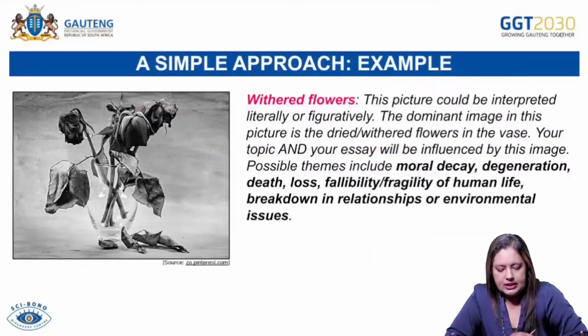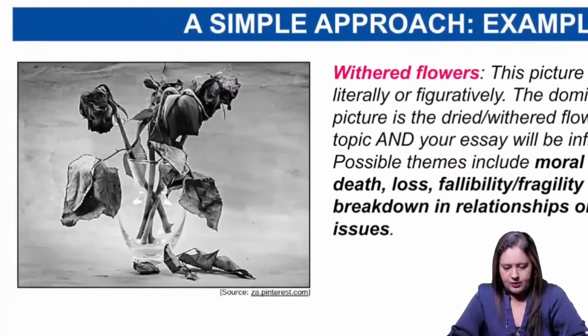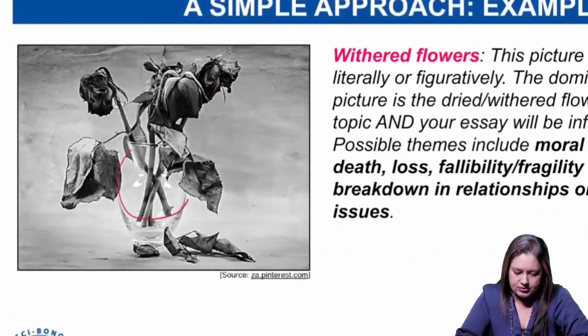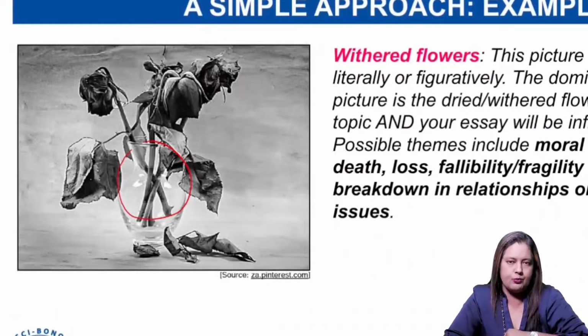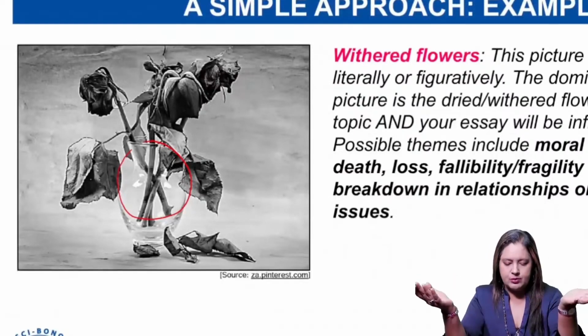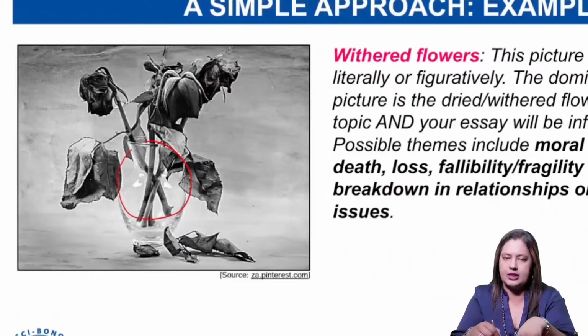Now, I don't know if I can maybe broaden the screen a bit. Okay, so there we go. Let's look at it like that. Right, here is a vase, okay, and within that is supposed to be water, and the flowers would have bloomed to be a little bit more beautiful. Now, in this instance, obviously that's not the case.